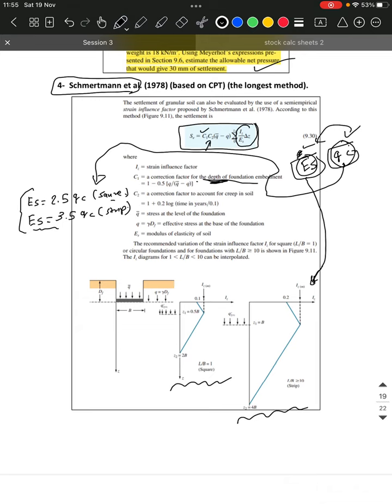You'll have to calculate Iz max, which is at depth Z equals B. You are given many points under the foundation, so you have to calculate the depth of zone of influence, which is Z2. Z2 for a strip footing equals 4B, and for a square footing it's 2B.